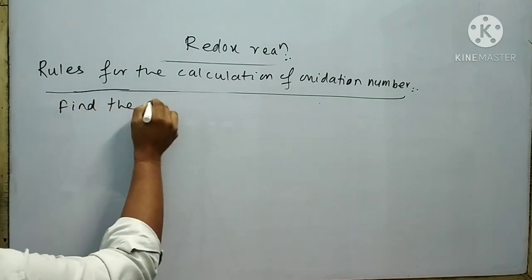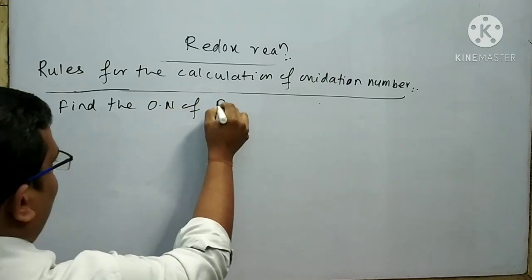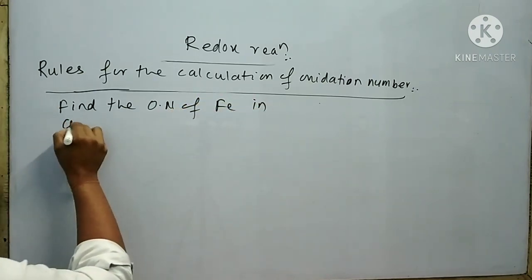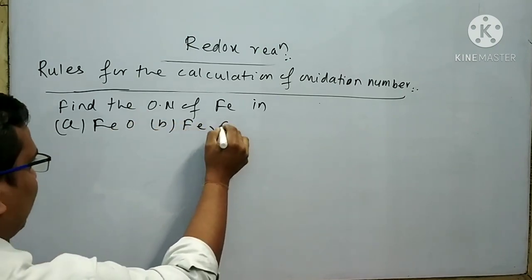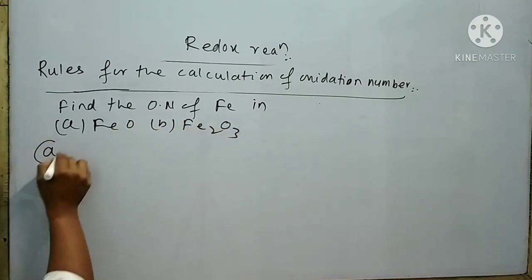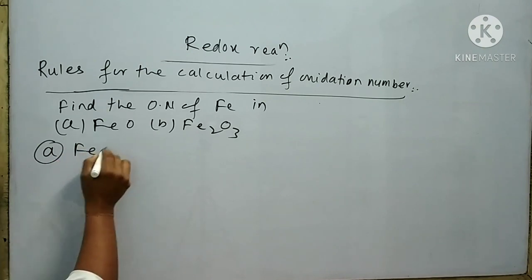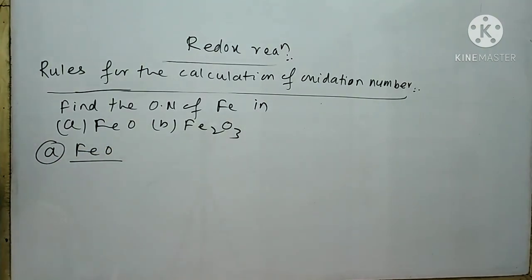Find the oxidation number of iron in number 1, FeO, number 2, Fe2O3. Now I will think about FeO. FeO is a molecule. In case of a molecule, the oxidation number is 0.